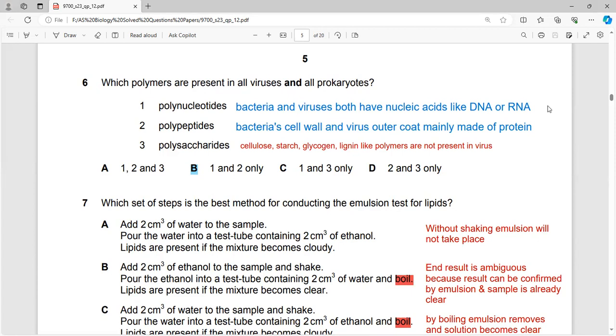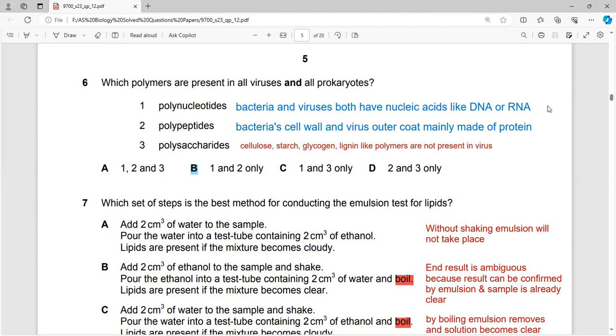They combine with the ribose sugar and phosphate and make a nucleotide. These nucleotides link together and produce DNA or RNA, and these are polynucleotides.